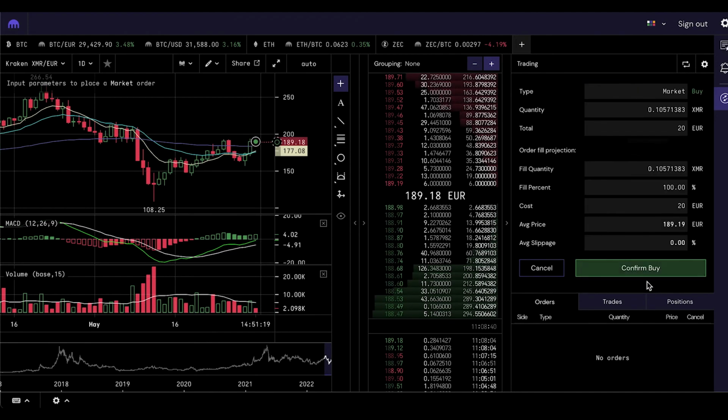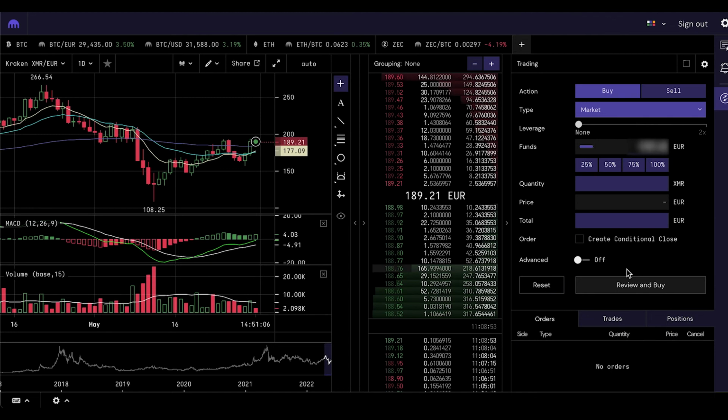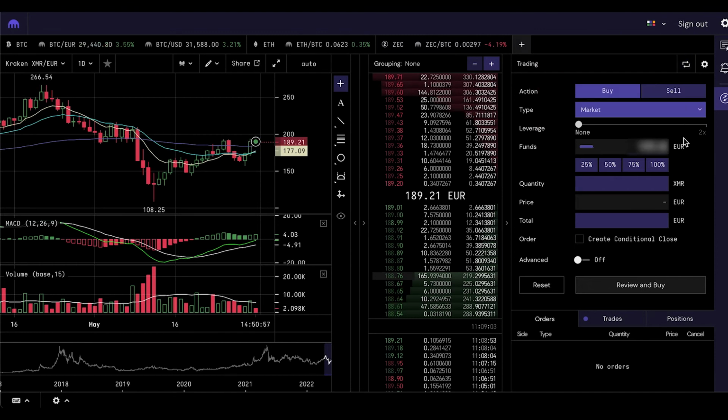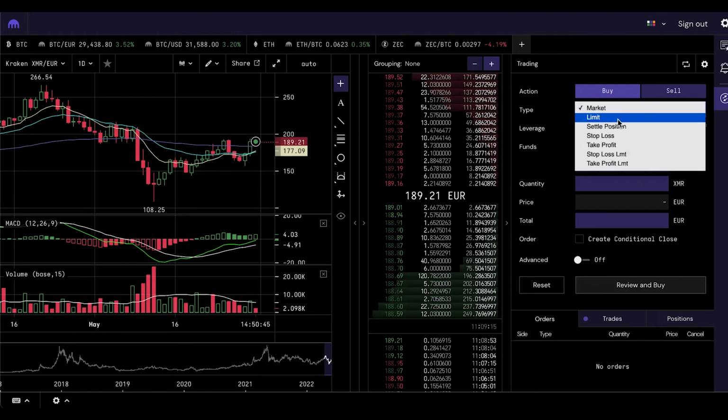Now over here it will give me an overview of the transaction and what I'm purchasing. Now all I need to do is confirm buy. And it's showing me the trade that's just gone through, and it's also showing me another trade that I made earlier. Now I'm going to show you how to create a limit order.